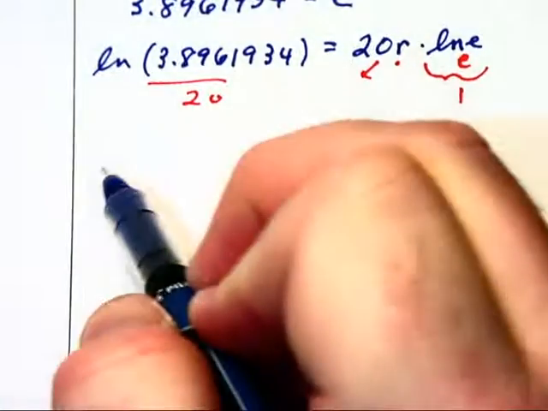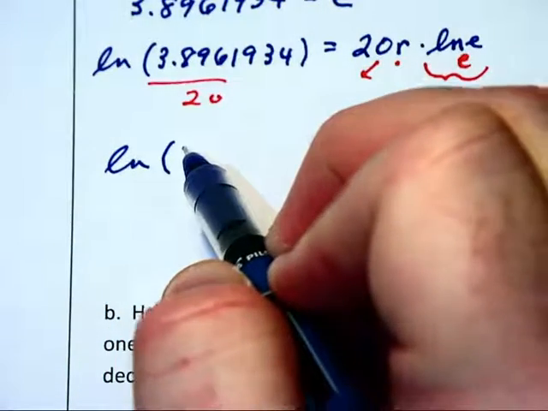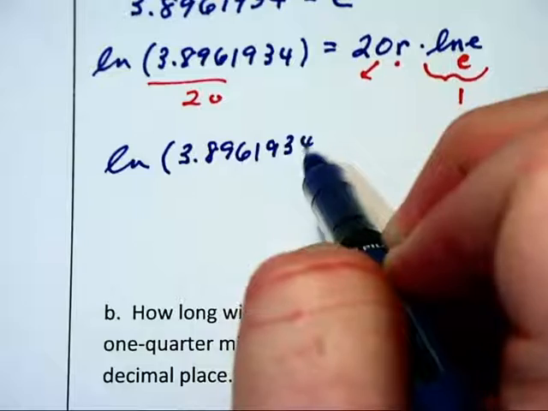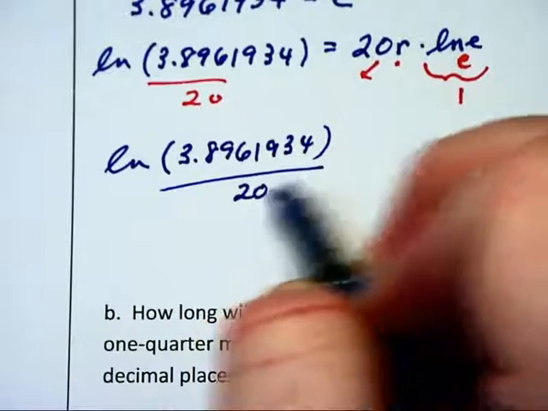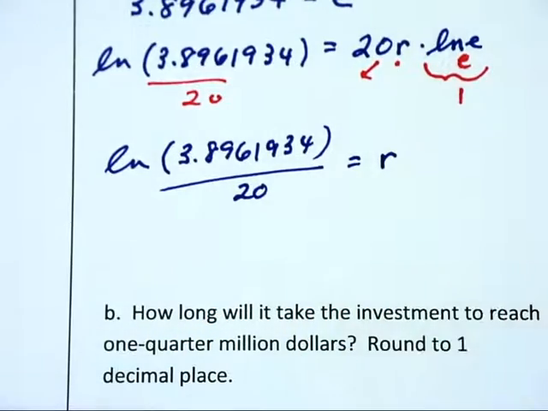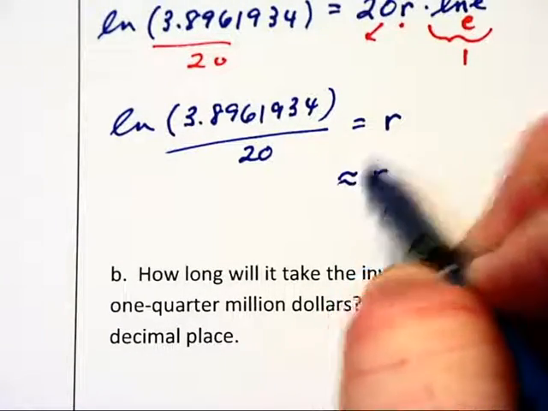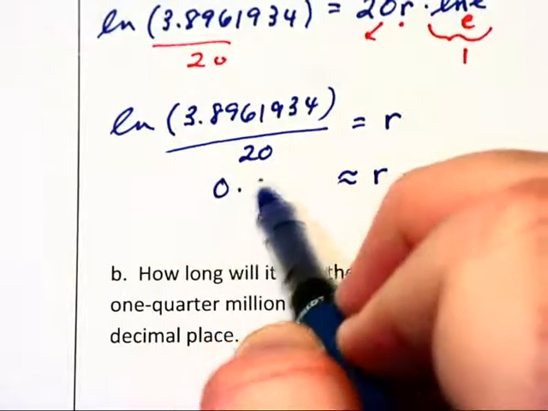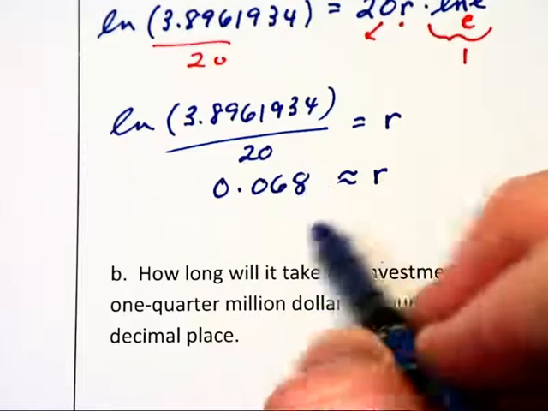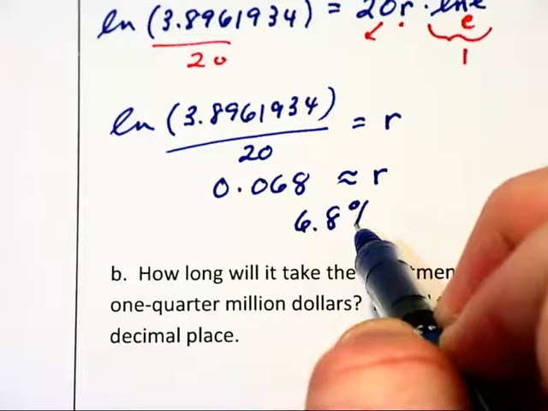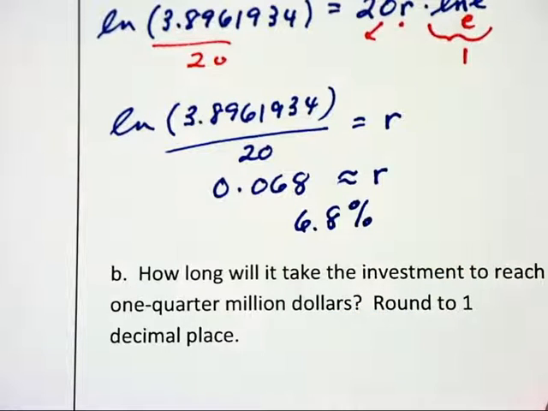So we will have the natural log of 3.8961934 divided by 20 is equal to r. And when you do this on your calculator, you will find out that r is approximately 0.068, and so our interest rate would be 6.8% to make this amount of money over those 20 years.